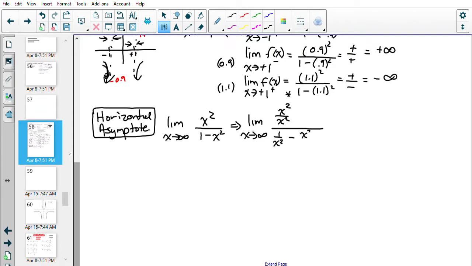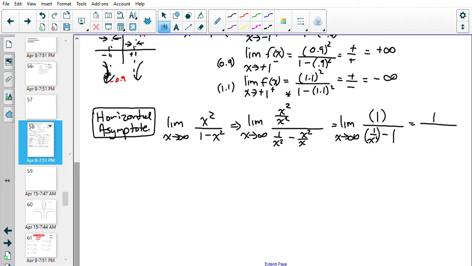and x squared over x squared, if you divide everything by x squared and then cancel some stuff, you have limit x approaches infinity of 1 over 1 over x squared, subtract 1. Well, the limit of any fraction as x goes to infinity is 0. The limit of 1 is 1.